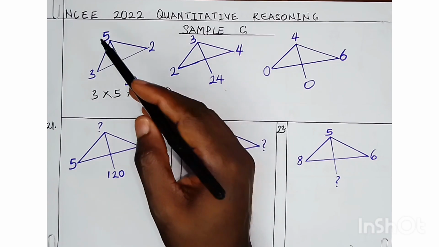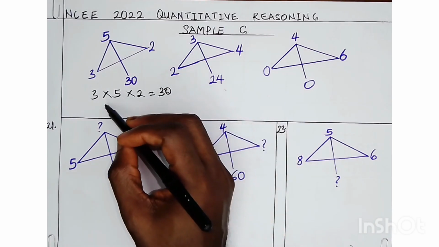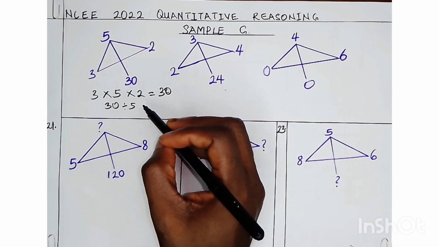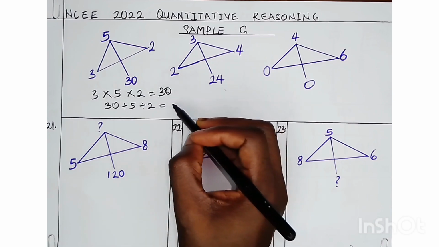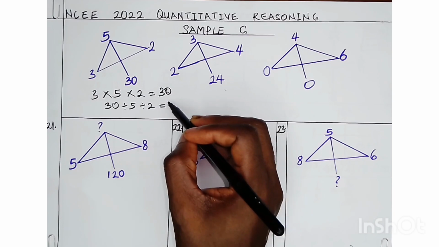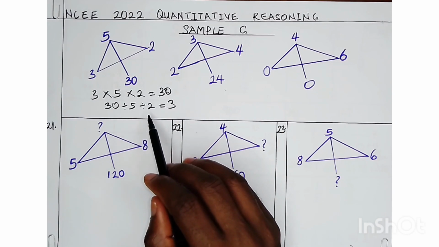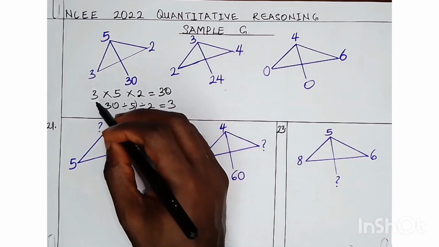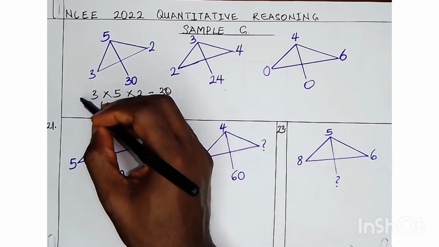Or we divide 30 by 5 and then divide it by 2. So 30 divided by 5 is 6, and 6 divided by 2 is 3. You could put this in brackets, still correct. So that's for the first one.